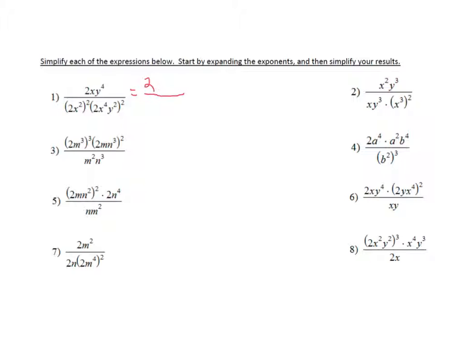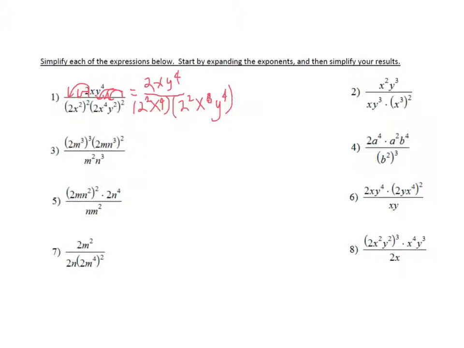I'm going to go ahead and put my 2x y to the 4th up here, though I'm not going to need to mess with that for a minute. I take my 2 here, and I multiply it times the first and the second expression, and I get 2 squared x to the 4th times, again, this 2 goes to every expression inside the parentheses: 2 squared, x to the 4th, x to the 8th, and y to the 4th.